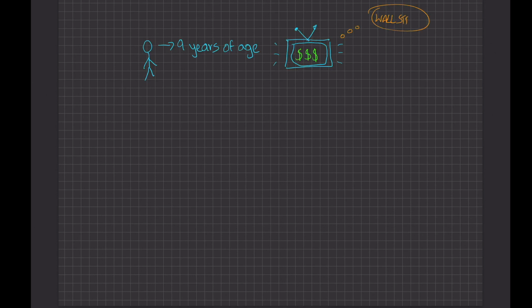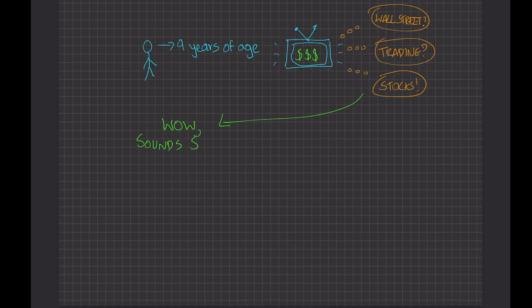And I came across a lot of financial terms like Wall Street and stock trading. And I also figured out that there's a lot of money to be made in these industries. And the word that was associated with this money was stocks. And this sounded really cool to me. It sounded rich. So then I did some more digging and figured out that all of this was connected to something called the stock market.